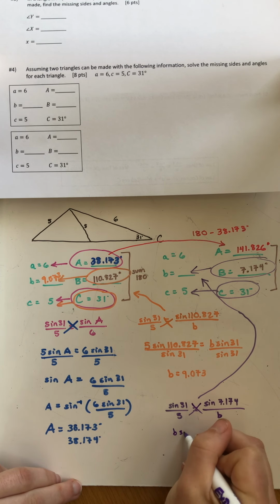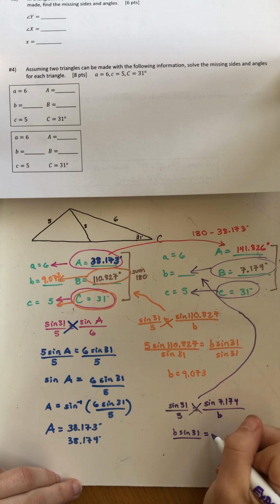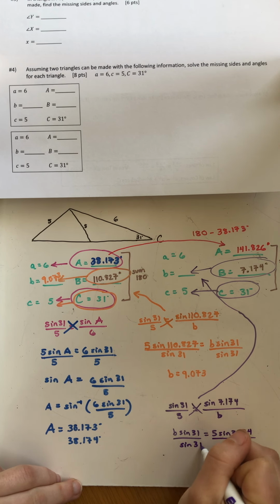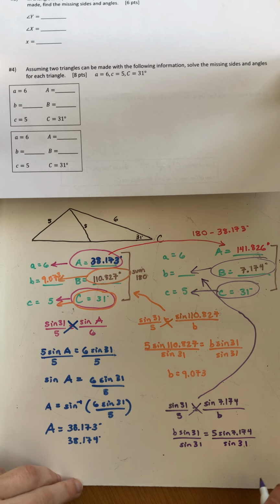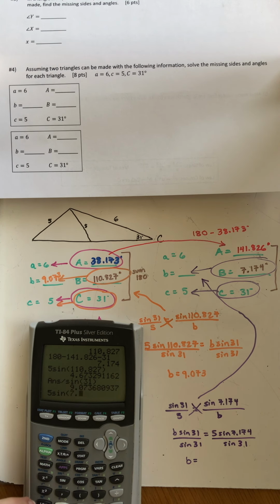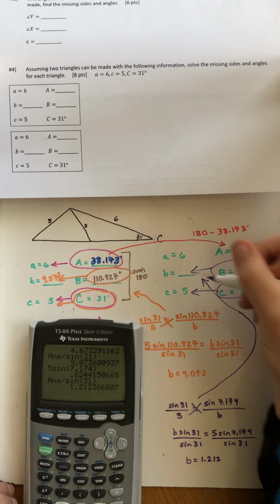Cross multiply. And divide by sine 31. So we have 5 sine of 7.174 divided by sine of 31, and we get 1.212.